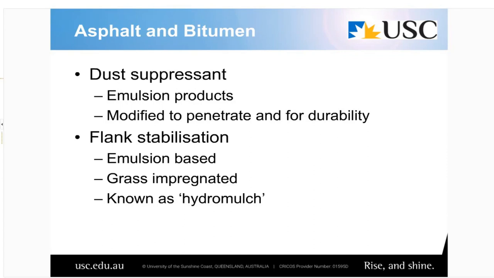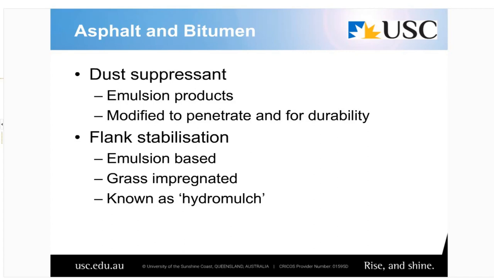And similarly for flank work, most of our airport asphalt overlays will also require some form of raising of the flanks immediately adjacent to the pavement surface, and bitumen emulsion, usually with grass impregnated, which is commonly known as hydromulch, is fantastic for that, because it helps distribute and protect the grass seeds.